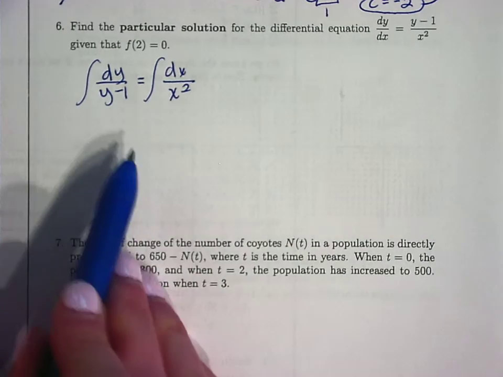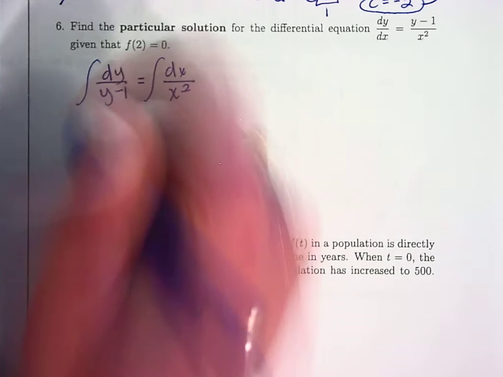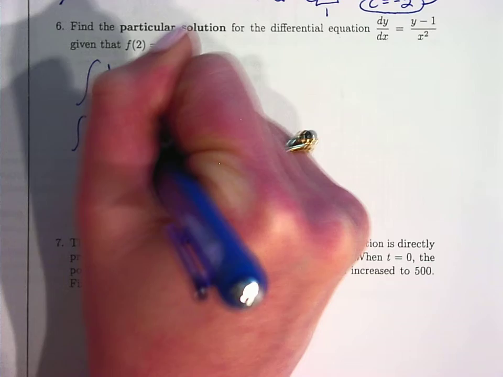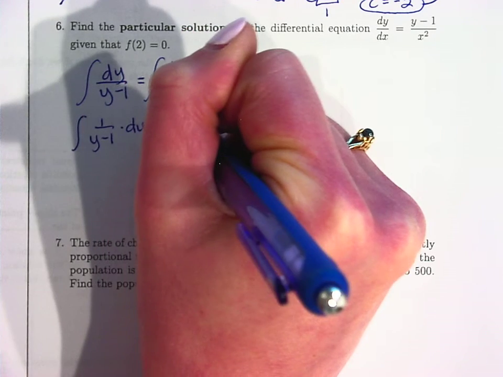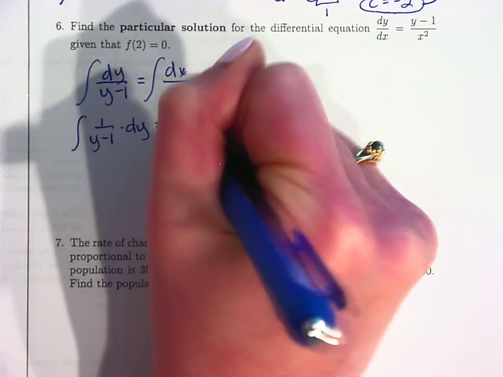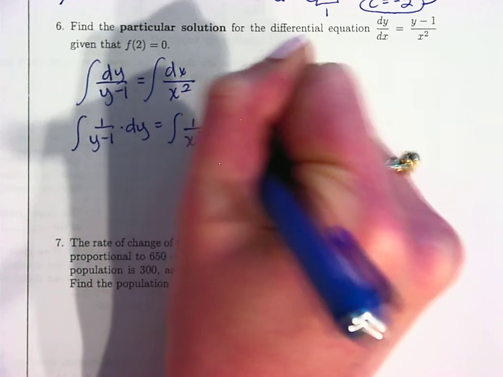Again, you can think of dy over y minus 1 as the same thing as 1 over y minus 1 dy. And on the right-hand side, dx over x squared is the same thing as 1 over x squared dx.